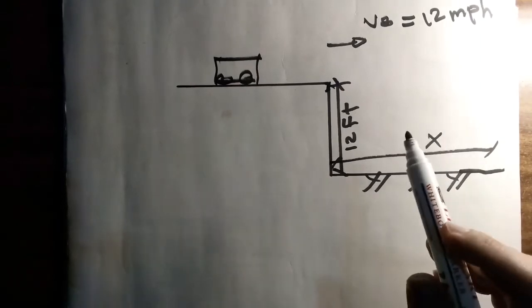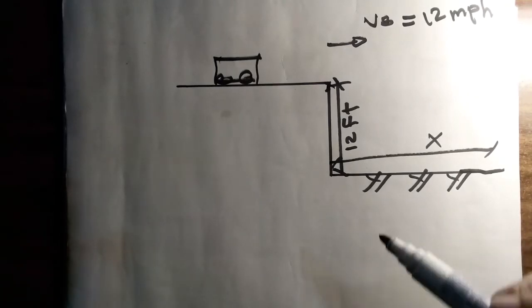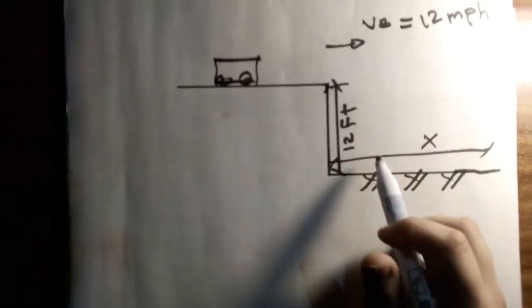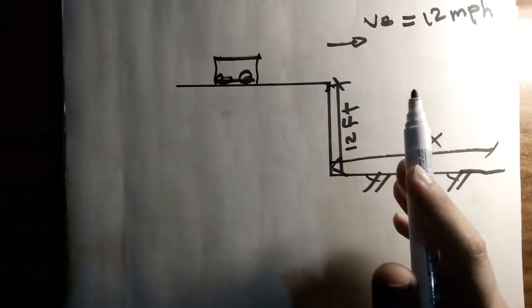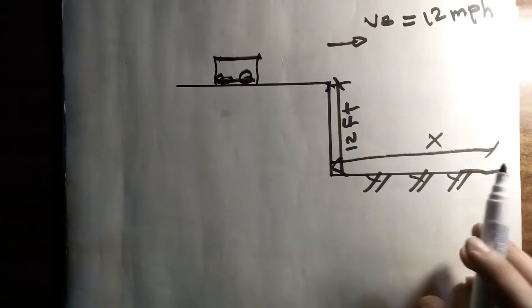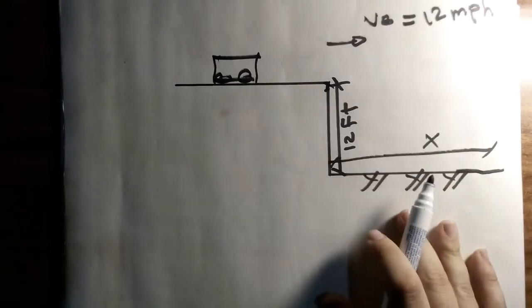At the first we have to separate the horizontal motion and the vertical motion. The vertical motion and the horizontal motion are independent.